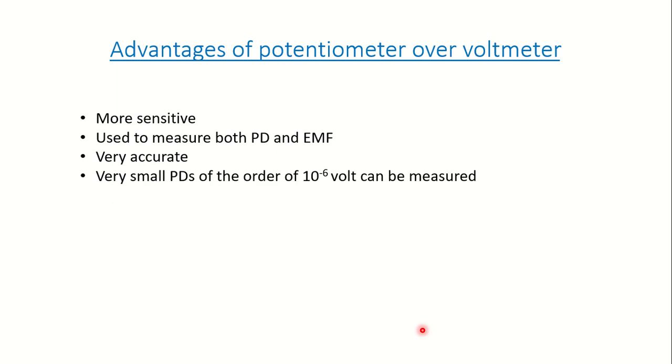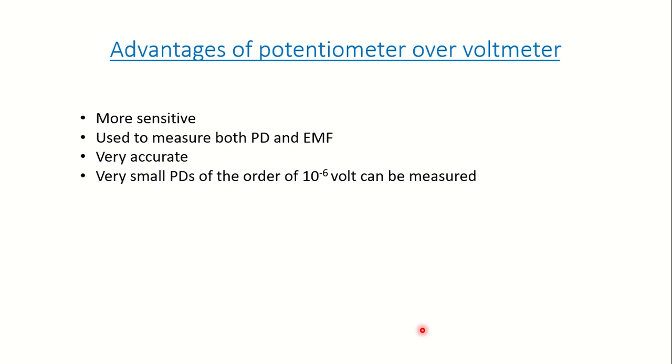If you have a voltmeter whose least count is equal to 0.1 volt, the minimum voltage that you can measure will be only 0.1 volt. But if you are using a potentiometer, you can even measure voltage or potential difference of the order of 10 to the power minus 6 volt.